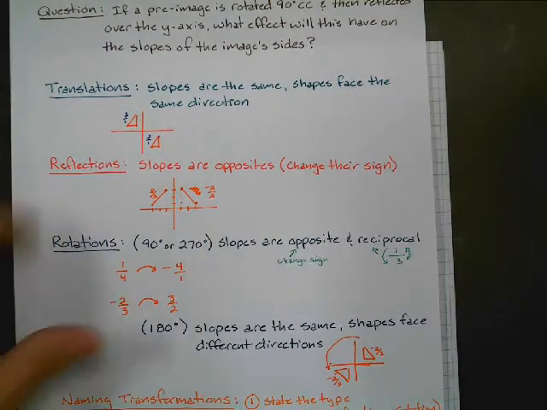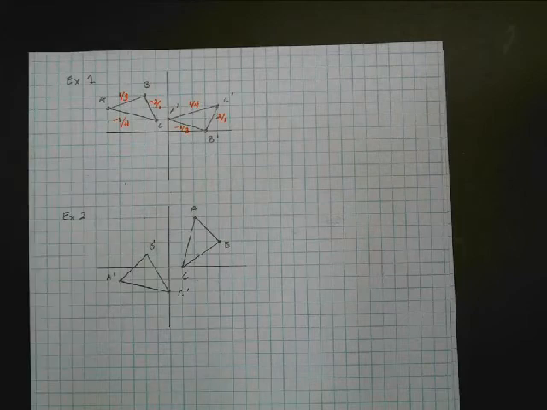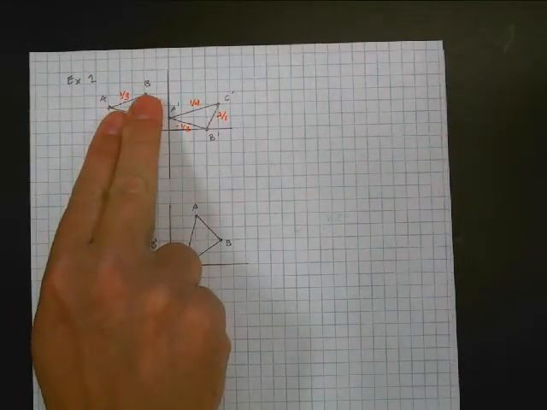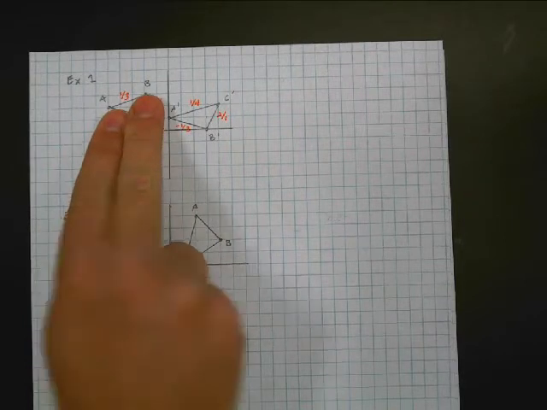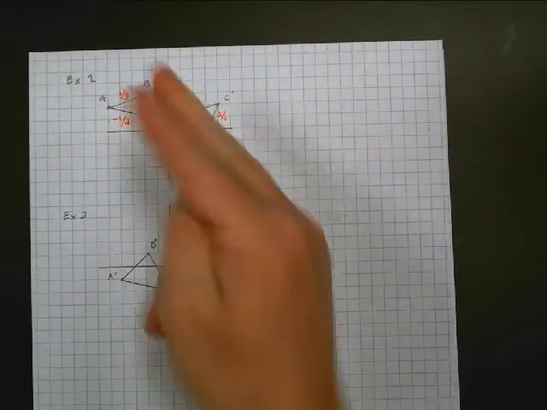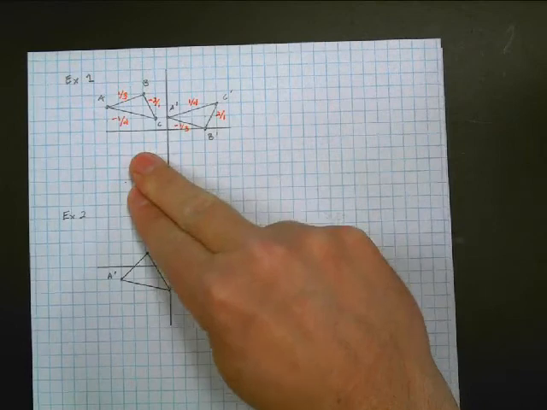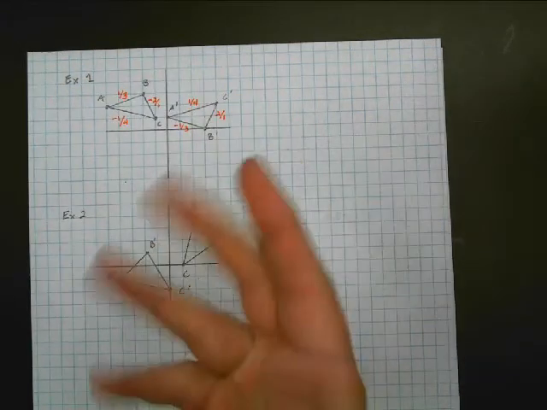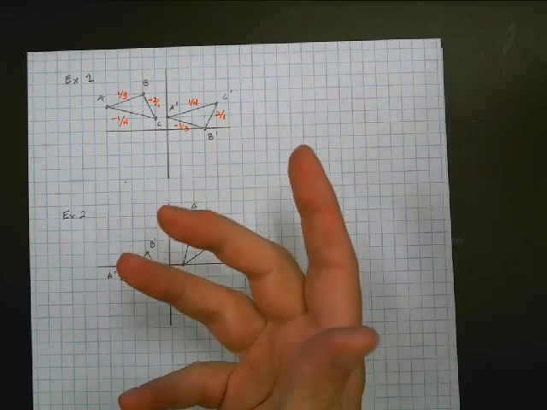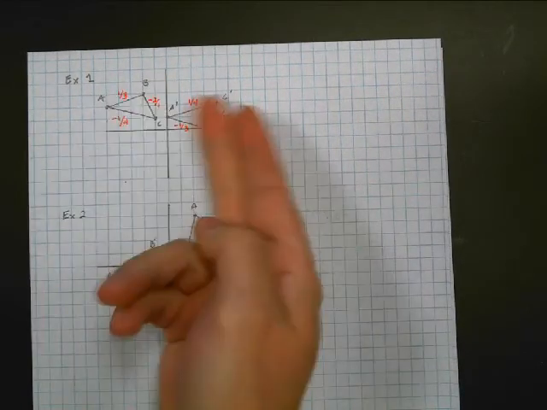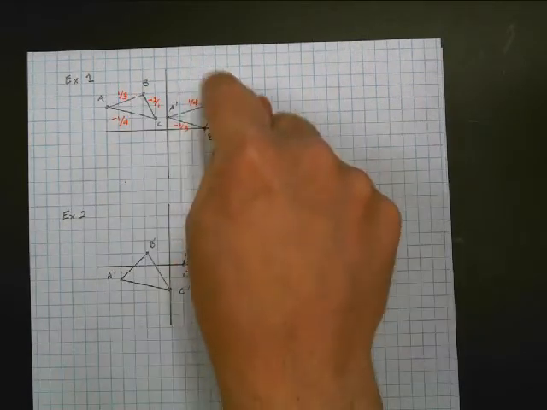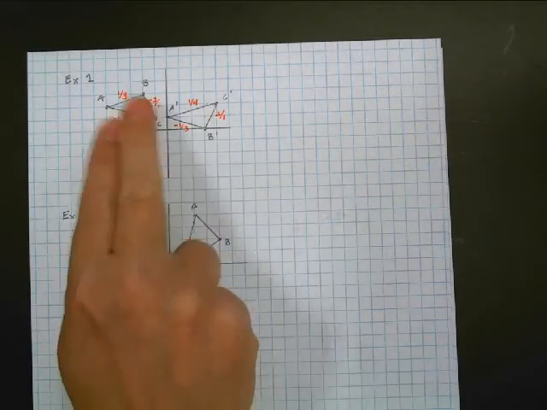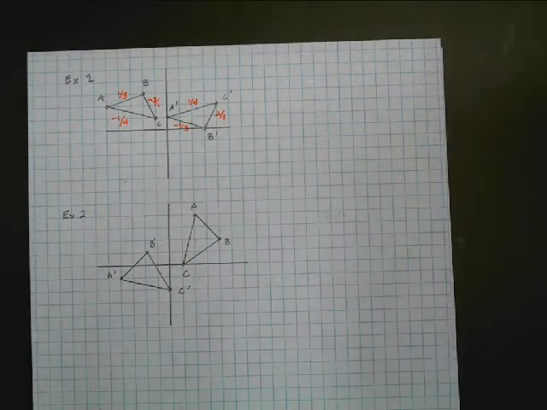So this one must be a reflection. All right, so I'm going to think about this. If this is where I'm starting, I can either reflect over the y-axis here or reflect over the x-axis here. But really quickly, when I reflect over the y-axis, I see it's not facing the right direction. Because if I reflect it over here, the B will still be on top over here, and I want B on bottom instead. So reflecting it over the y-axis, not a great idea.